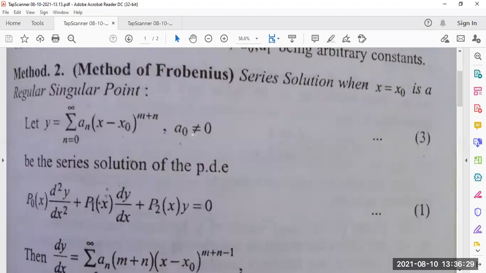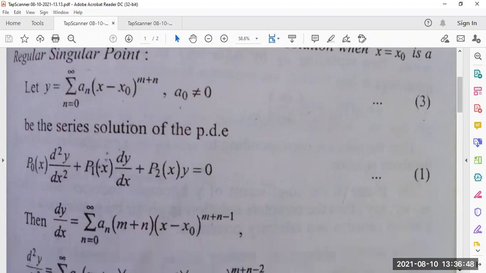It should be noted that a0 not equal to 0. This is the series solution of the ODE, ordinary differential equation, p0(x) d2y/dx2 plus p1(x) dy/dx plus p2(x) y equal to 0. This is given by Frobenius.